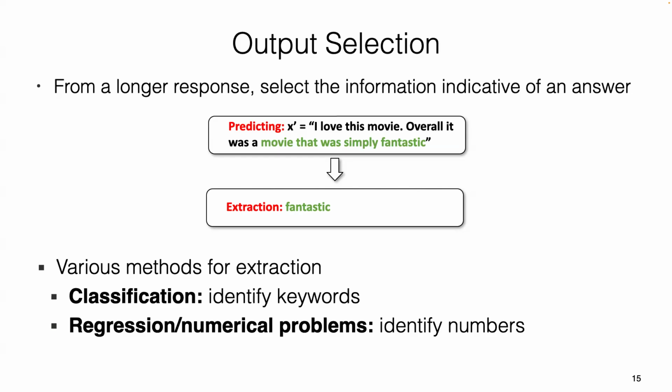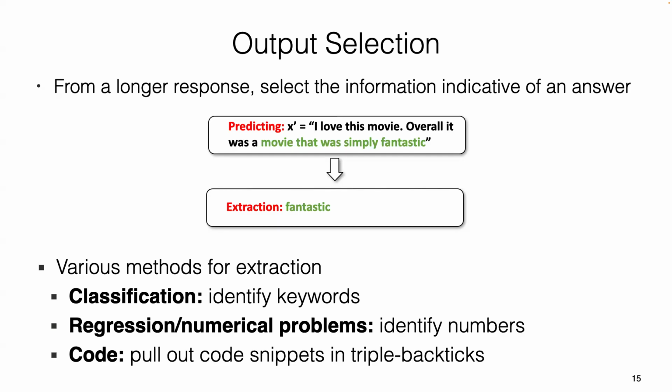Sometimes you want to identify numbers. Especially with math problems, oftentimes you want to look for the last numerical value that's been produced, if that's the type of problem you're solving. Or the output format will have a specific place where the model says, okay, here's the answer, and it puts it inside of a box or some LaTeX command.